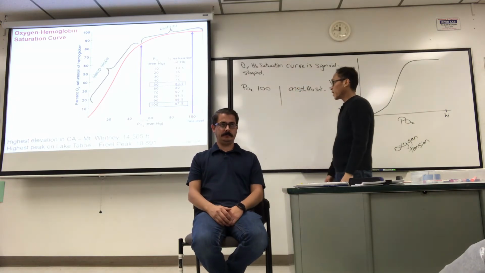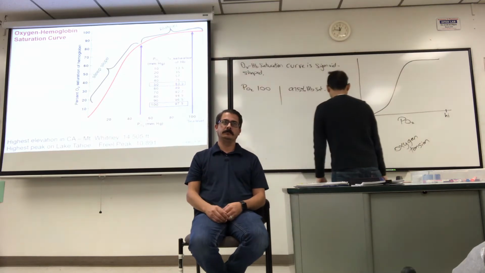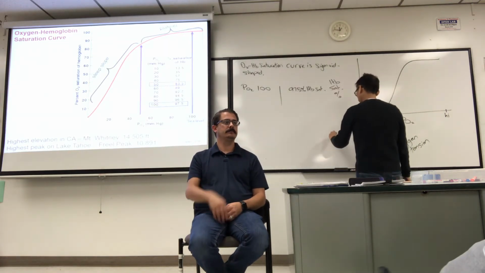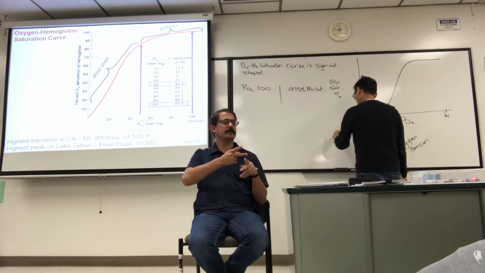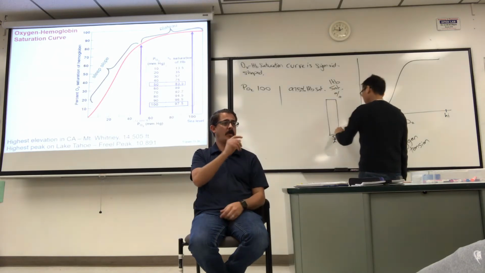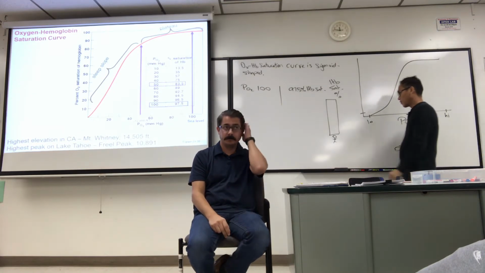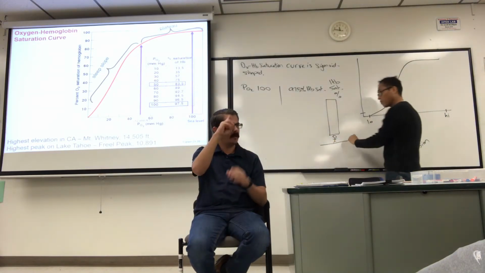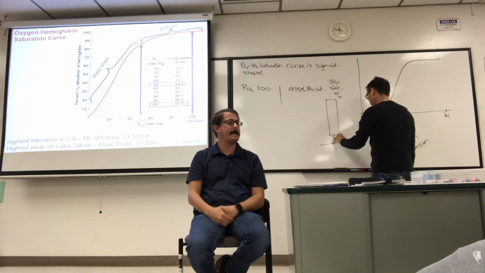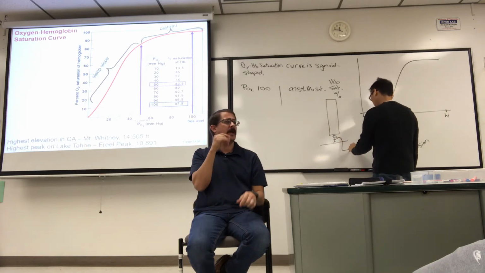But remember I drew that little stick figure under an atmosphere of air? Think conceptually with me. You're at sea level. What happens if you go somewhere that's actually below sea level, like Death Valley?